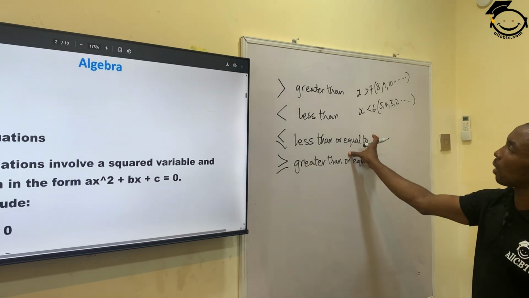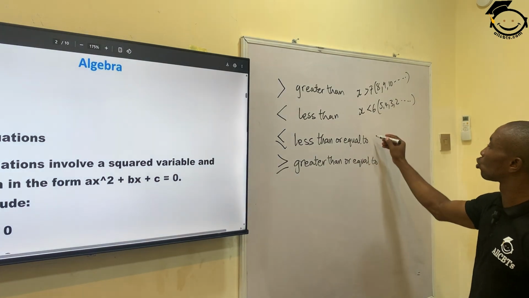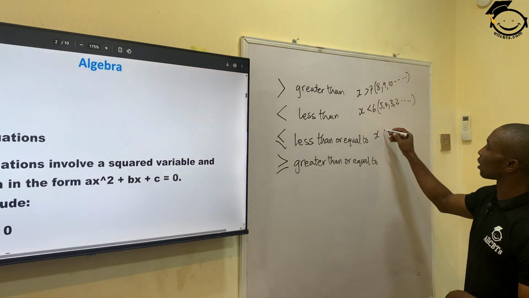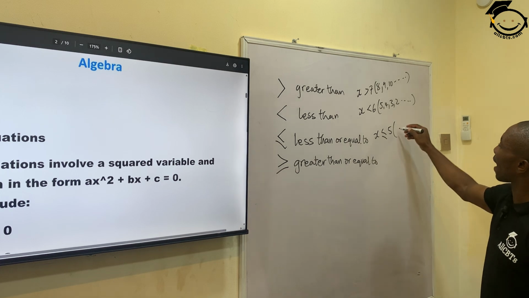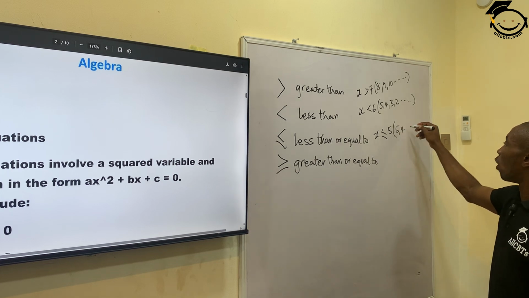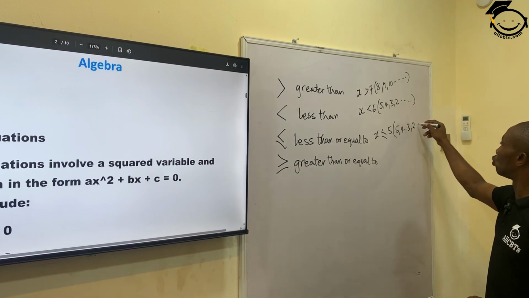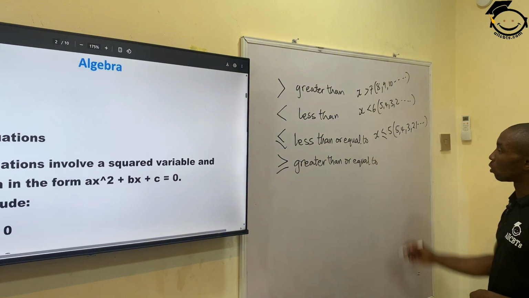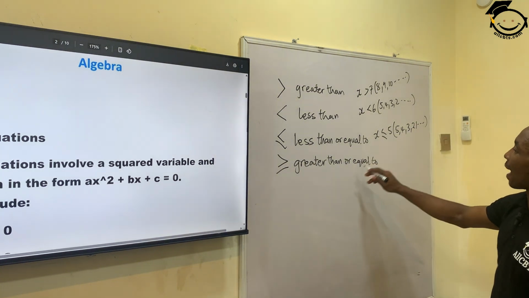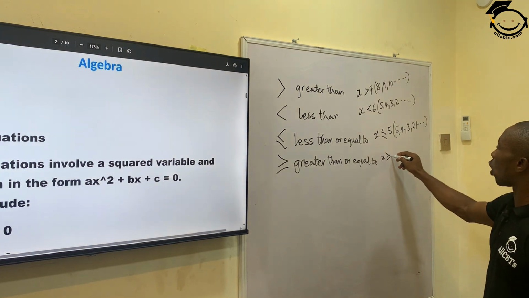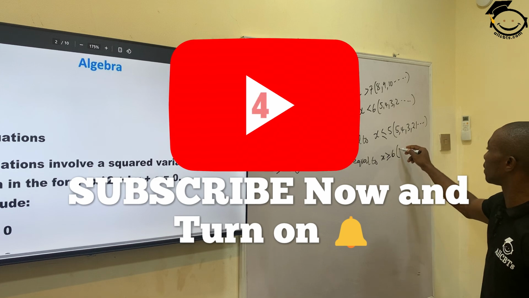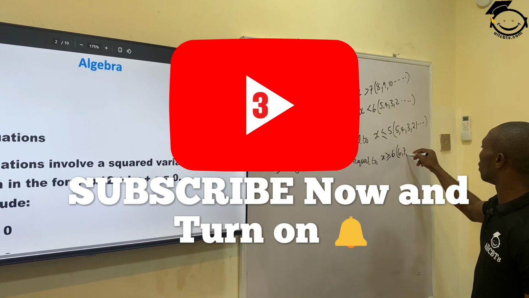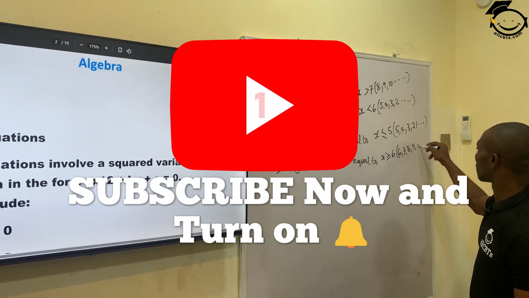When we say x is less than or equal to 5, it means x could be 5, 4, 3, 2, 1, and so on. If x is greater than or equal to 6, it means x could be 6, 7, 8, 9, 10, and so on.